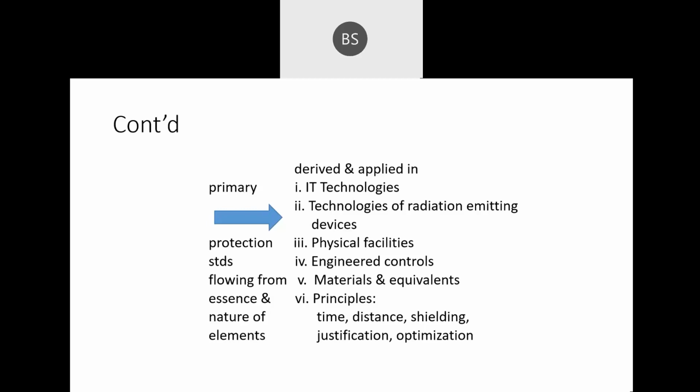There is also the principle of optimization. This means that at the same time that we are using these radiation technologies, we have to keep on making sure that we optimize our processes in order to be within the limits, the standards that have been set. We also have to be looking at the things that we use, the technology, whether we can change it to one that may be less dangerous than the ones we are using right now, so that we can optimize our protection and safety.